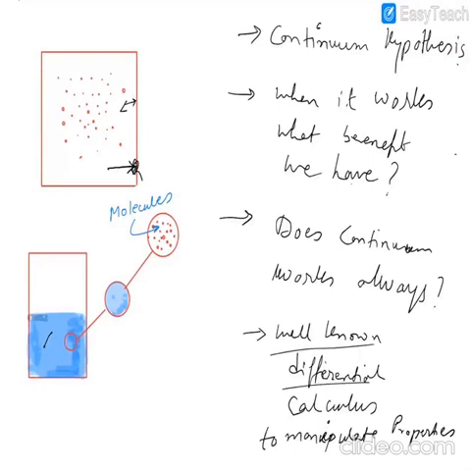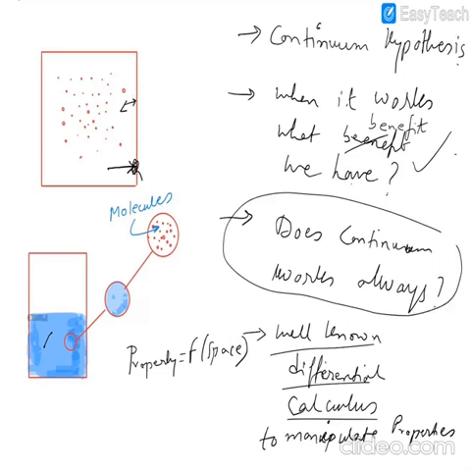Okay, as there is a small spelling mistake, it's benefit. And if it works, we can represent any property as a function of space. So now we have answered what benefit it will bring us if continuum works. Now we are interested in looking at whether continuum works always.